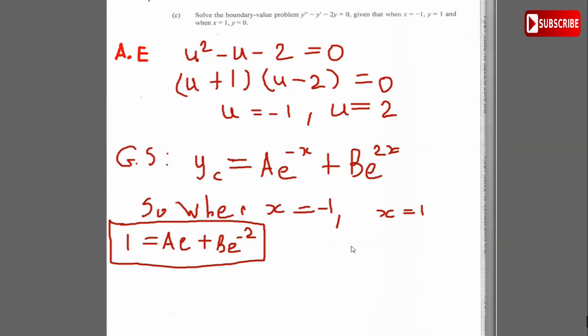So you're getting 0 is equal to, put x as 1 here, you get A e to the minus 1, and x being 1 here is also 2 times 1 is 2, so plus B e to the 2. So we need to solve these two equations for A and B.